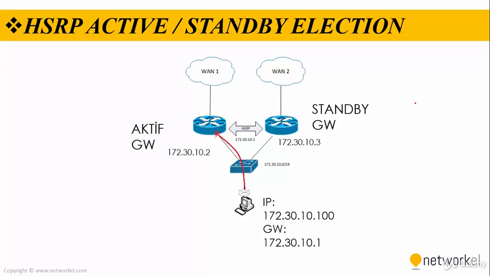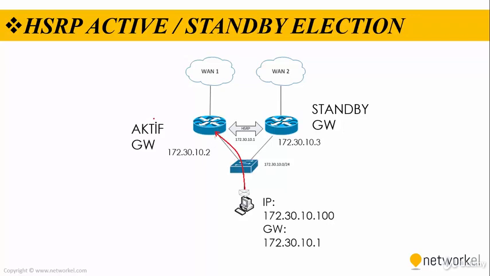The router with the highest HSRP priority value becomes active, and the default priority value is 100. The active and the standby routers send hello packets to the HSRP group multicast address every 3 seconds. If the hello packet does not arrive in 10 seconds, the standby router becomes active.